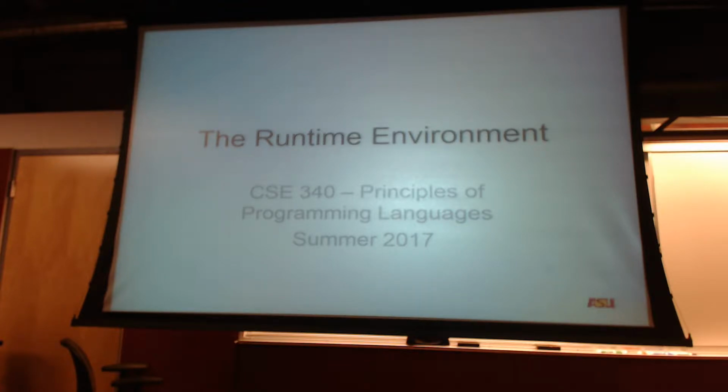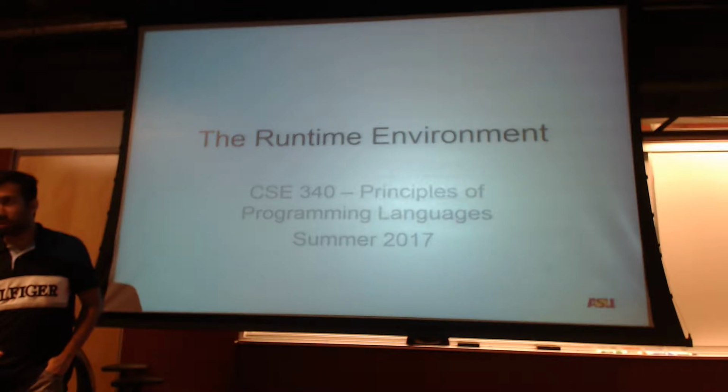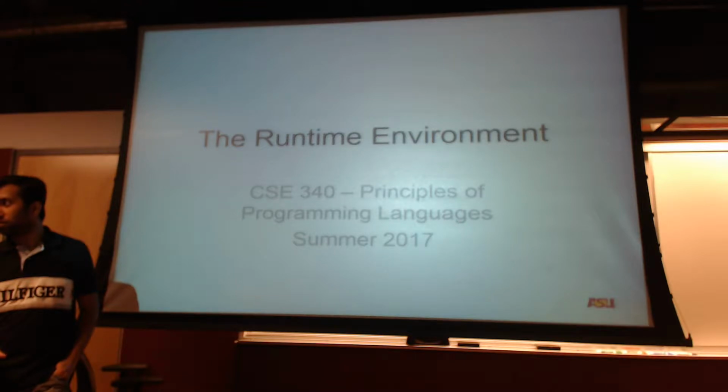Okay. So let's go and we'll start a new topic. We'll talk about the runtime environment. So when we are dealing with semantics as well as types, what we saw, especially with respect to semantics, we were drawing those box and circle diagrams, right?